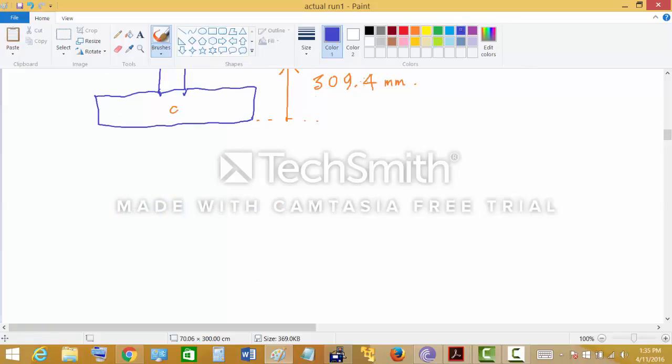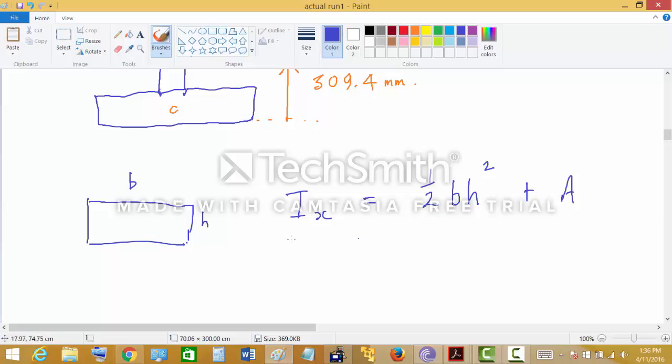So for any rectangle, if this is B and this is H, the moment of area is equal to 1/12 BH squared plus the area of the rectangle times the distance it is away from the centroidal axis, which is called D squared.